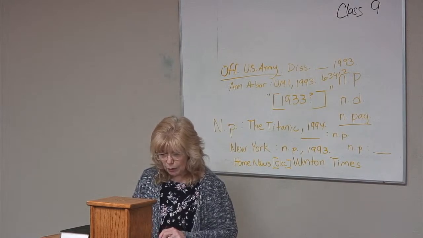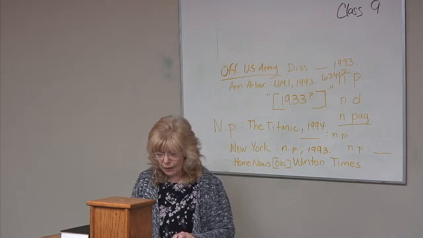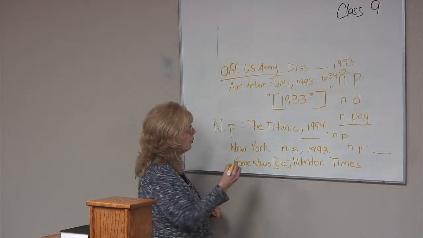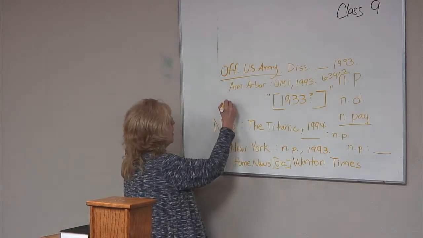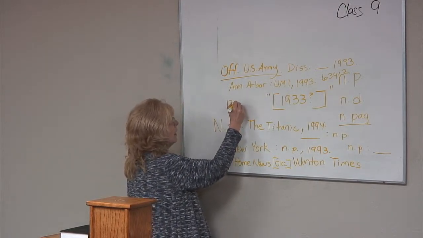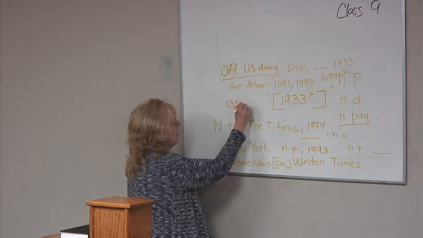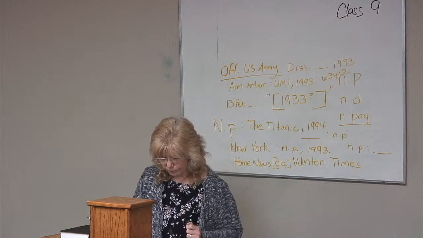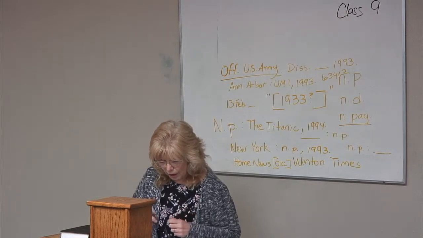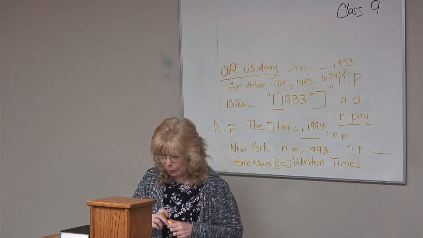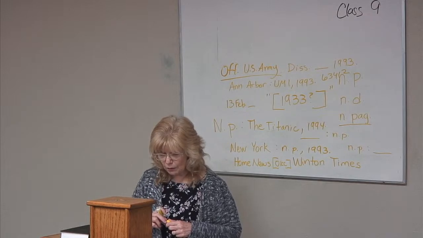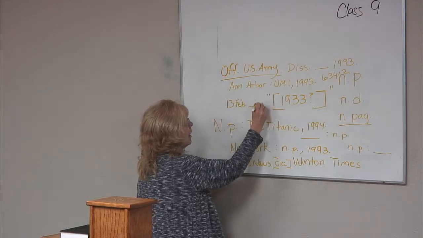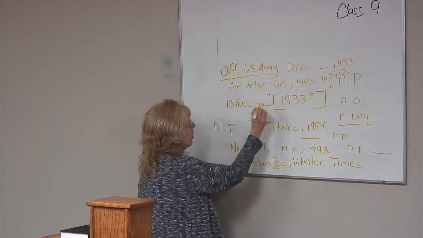To cite the date, you will begin with the day, and then you'll abbreviate the month, pretty much how you were doing in MLA style, 13, let's say February, and then the year. So you're going to follow the date with a colon and the page numbers of the article. So right after the date, put a colon and then the pages of the article.